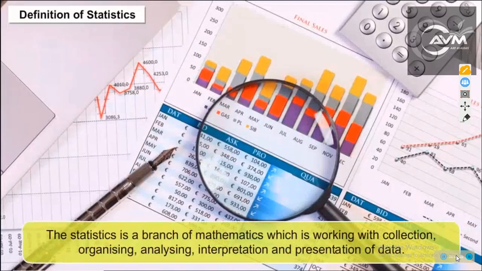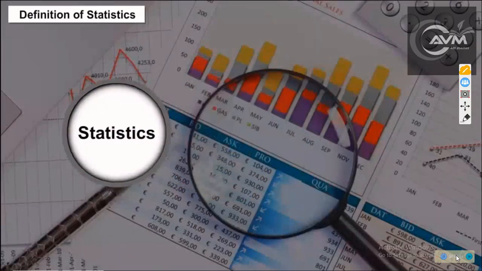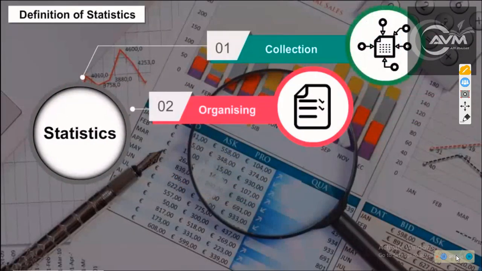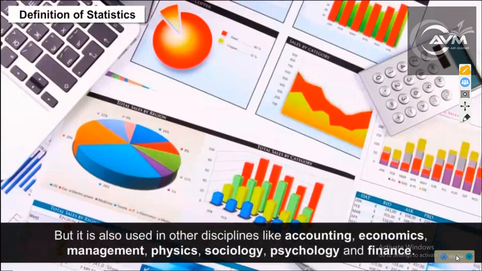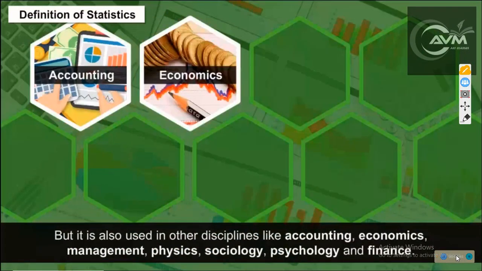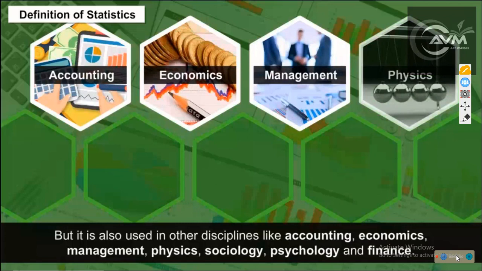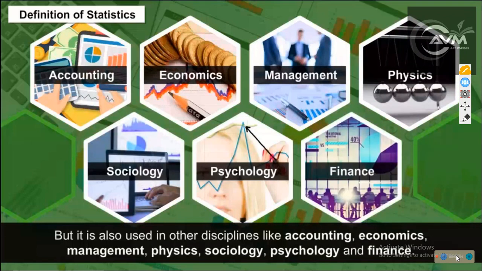Statistics is a branch of mathematics which works with the collection, organizing, analyzing, interpretation, and presentation of data. But it is also used in other disciplines like accounting, economics, management, physics, sociology, psychology, and finance.